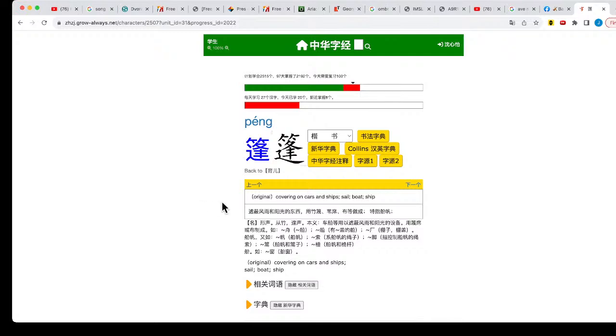Of course, nowadays it's not used as strictly. They use it for any kind of structure, not necessarily on a boat or a carriage. It could be just sitting on the ground, also called a 盆. Then another meaning is referring to the sail of a sailboat. They call it a 盆.